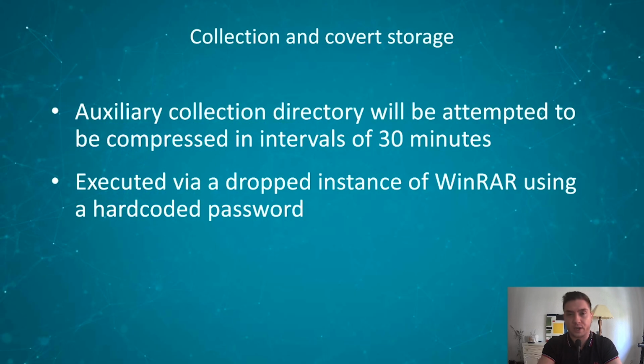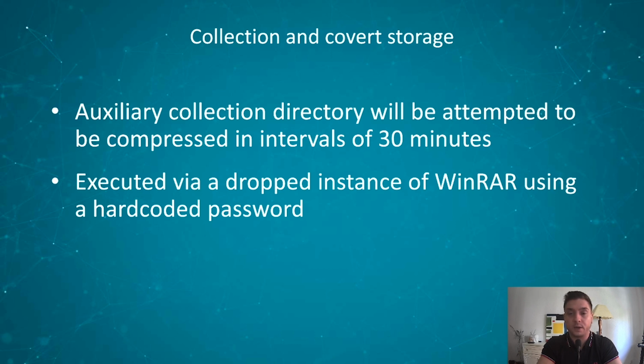So that's the collection side of things, but there is also a more interesting side of things, which is the covert storage. As we mentioned, Ramsay will collect all of the subject files in a preliminary directory. And this preliminary collection directory will be compressed in intervals of 30 minutes.